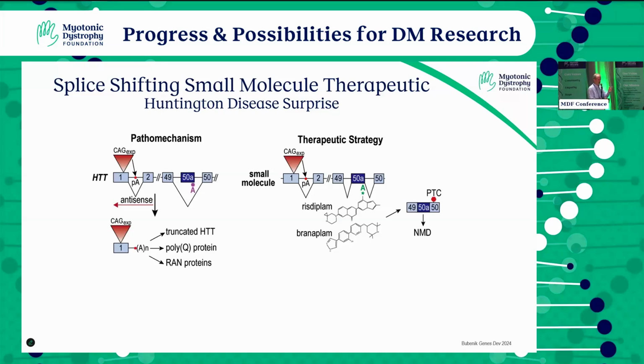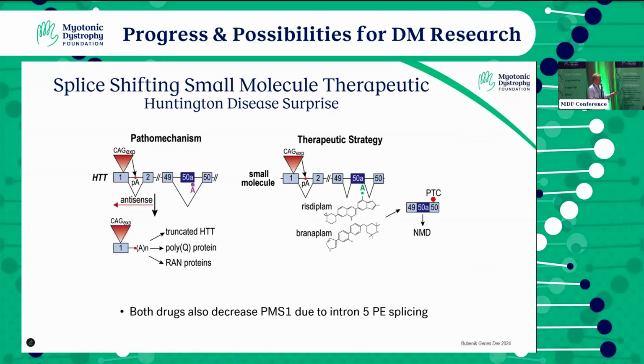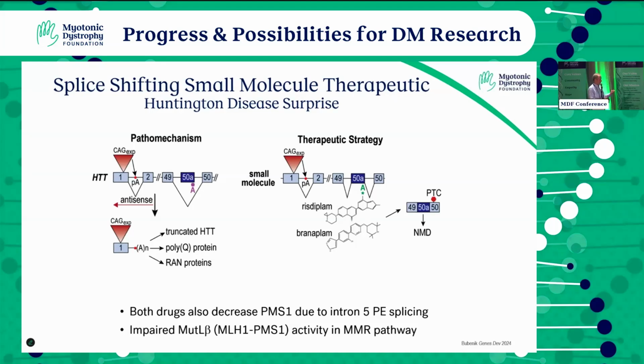No obvious problems with the drug. Both drugs also decrease PMS1, which is part of the MutL beta. And I think Darren might talk about this, so I'm running out of time, so I won't talk about this. But the interesting thing is now you have a drug that actually can cause turnover of PMS1 and result in contractions. In this case, CAG contractions, but if you flip that, it's CTG, CAG contractions.